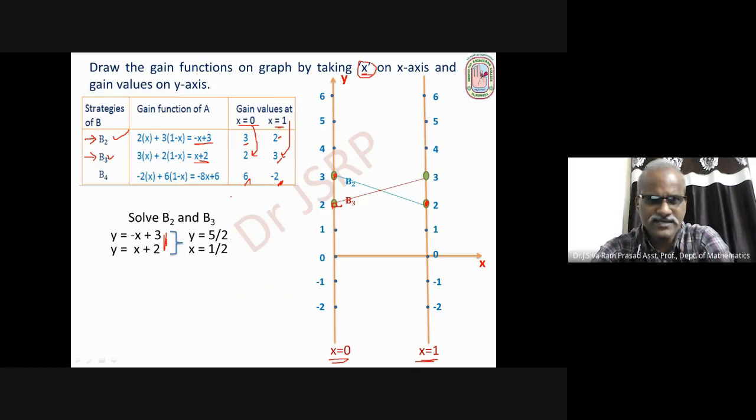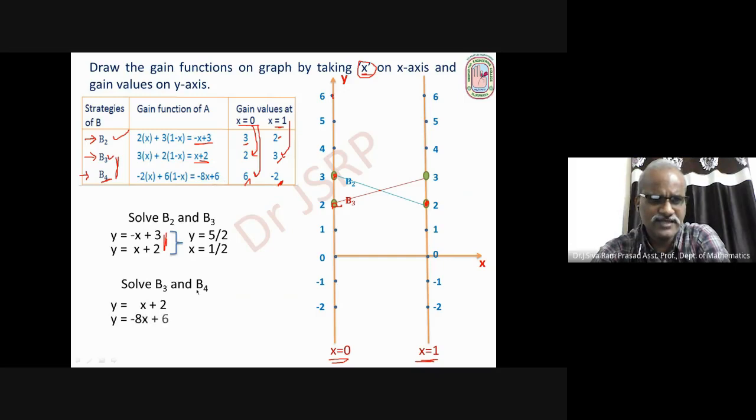Okay, next, draw the fourth line, that is B4, where at x equals 0, the gain is 6, that is 0 comma 6, this point. Okay, so before drawing the line, solve B3 and B4, to observe whether the line corresponding to B4 passes through this intersection point or not. To check that, solve B3 and B4 also. B3: y equal to x plus 2.